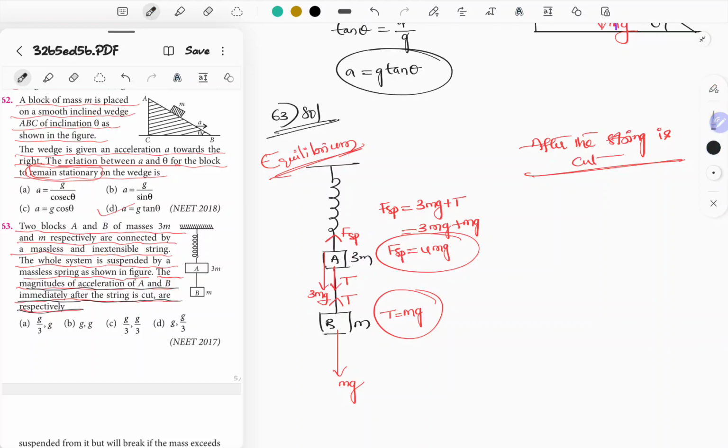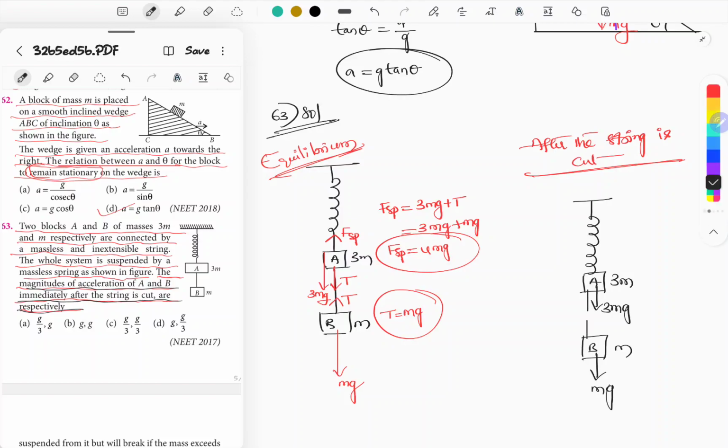Right now the diagram is without a string. This is how the block of mass 3m, block A, and this is how block B is represented. Each weight is downward, block A's weight being 3mg. There used to be a string earlier, but now that string is absent because it is cut.